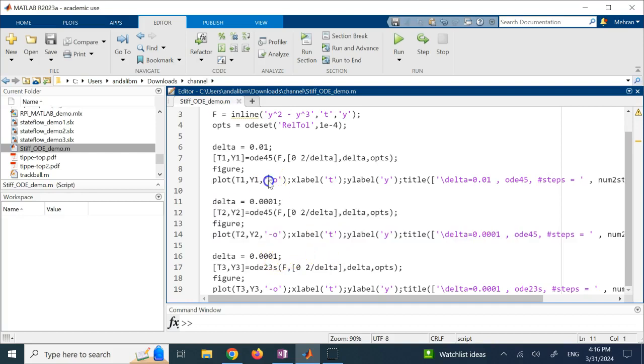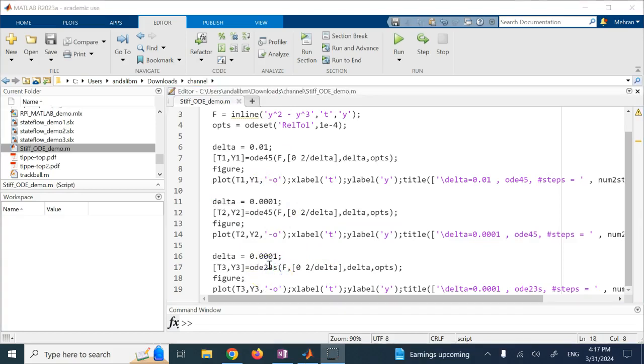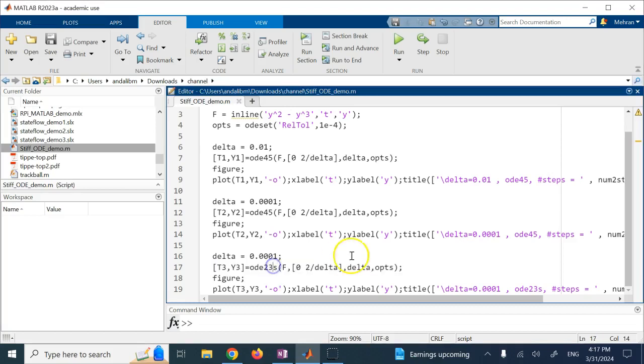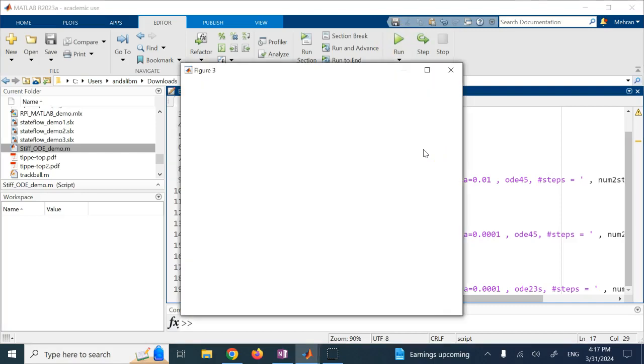And then I solve it again with the same delta, but I solve it with this ODE solver, ODE23S. This S is for stiff, and that's because this one is designed to handle stiff ODEs, and it is going to use far fewer step points, or samples.